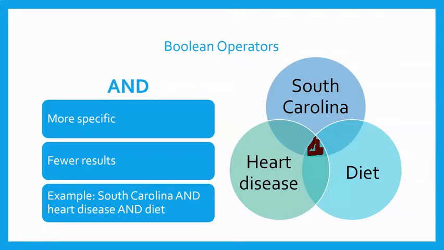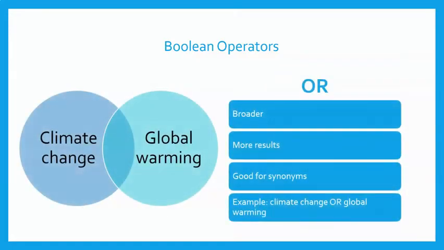Now, on the flip side, if I needed more results, I could use the operator or. This broadens my results. So it's good to use for synonyms like climate change or global warming. You wouldn't necessarily want to use it if you were saying airplanes or dogs, because those have nothing to do with each other at all.